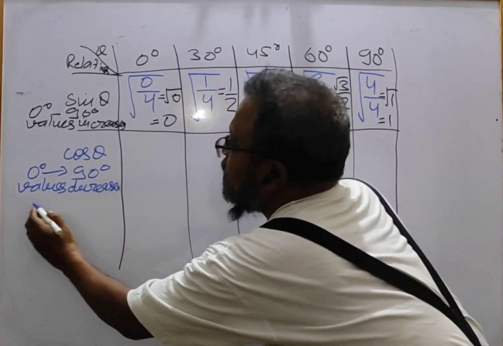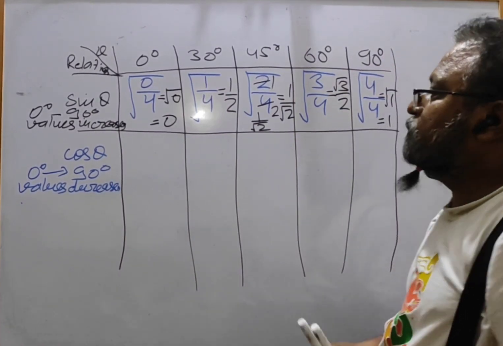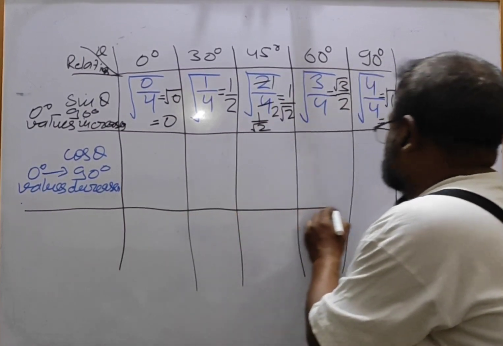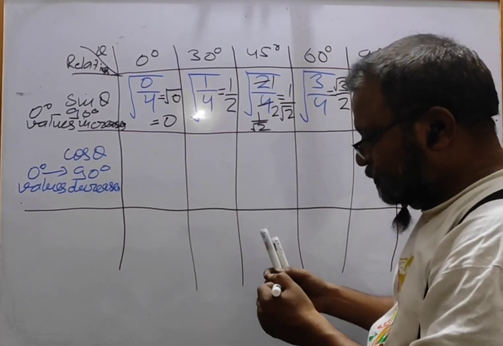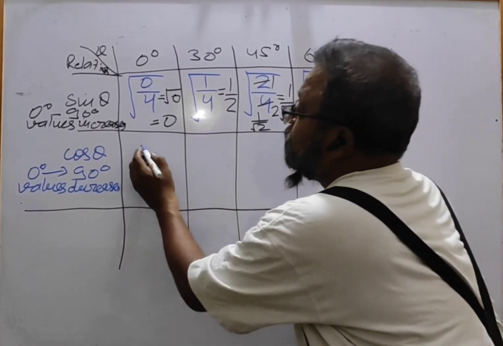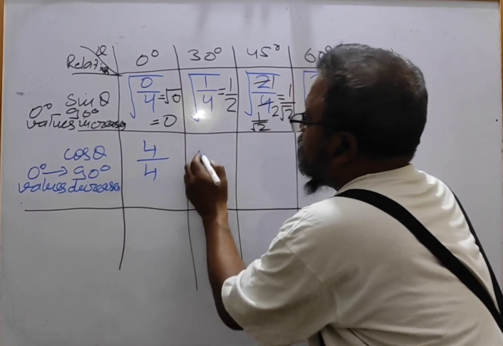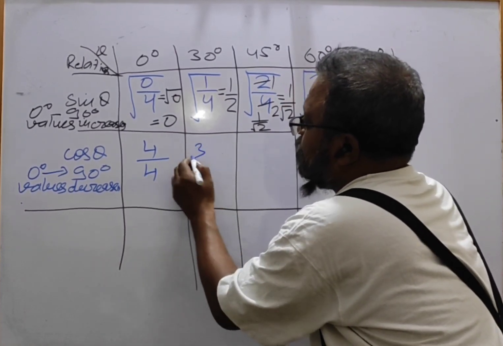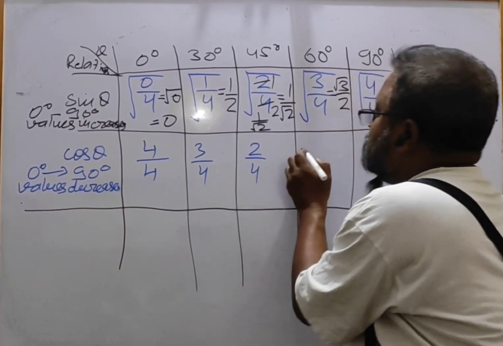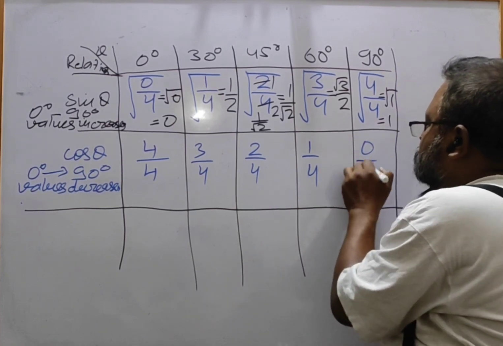So in that case, we will do inverse. We will start here from 4 upon 4, then 3 upon 4, then 2 upon 4, then we have 1 upon 4, then we have 0 upon 4.